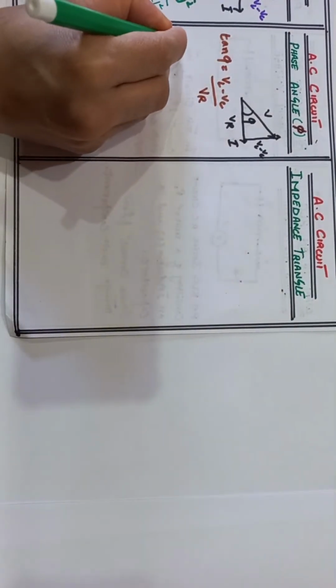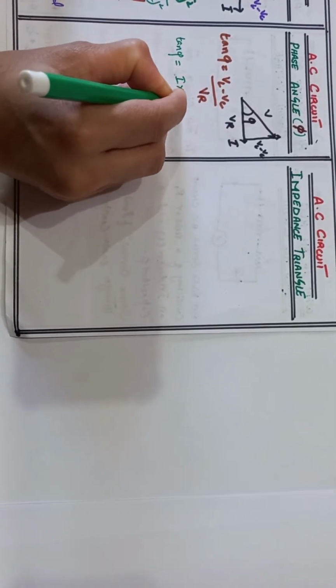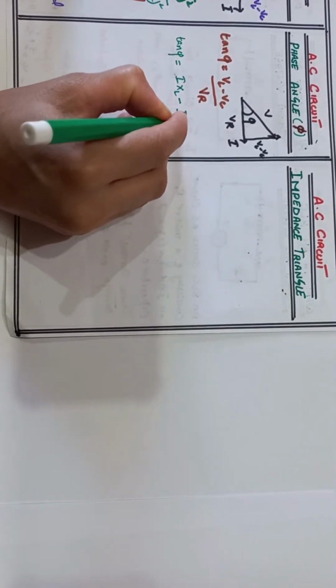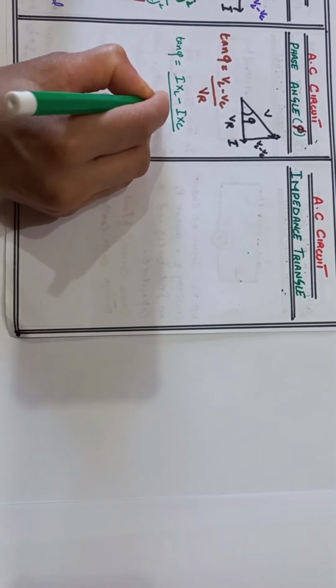We know that according to Ohm's law, VL is equal to I XL, VC is equal to I XC, and VR is equal to I R.